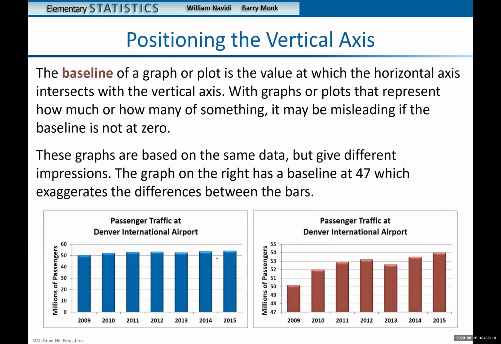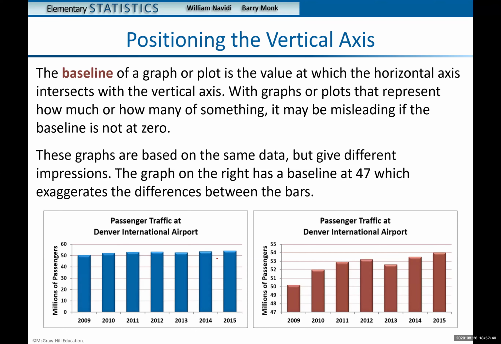So an example here, positioning the vertical axis. The baseline of a graph is the value at which the horizontal axis intersects with the vertical axis. So look at the intersection of the horizontal and the vertical lines. With graphs or plots that represent how much or how many of something, it may be misleading if the baseline is not 0.